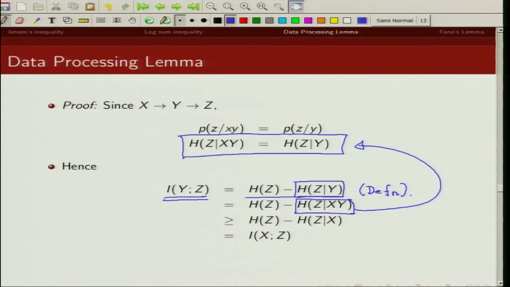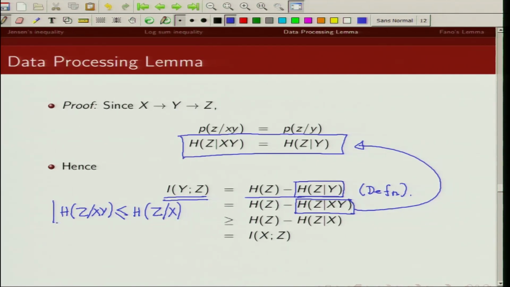Now, I know that conditioning cannot increase entropy. So, uncertainty in z given x, y is less than or equal to uncertainty in z given x. This follows from the property that conditioning cannot increase entropy.